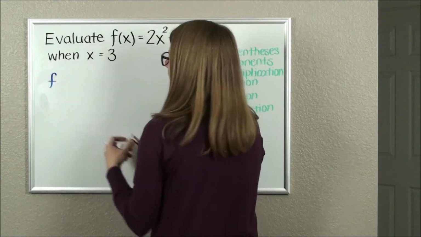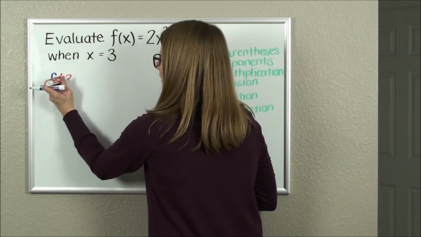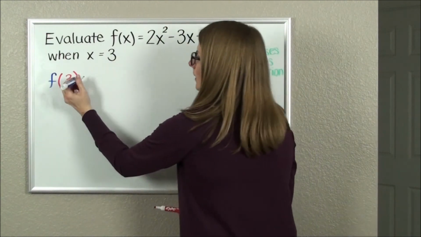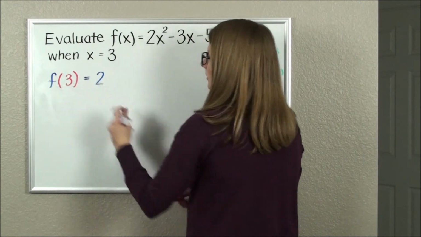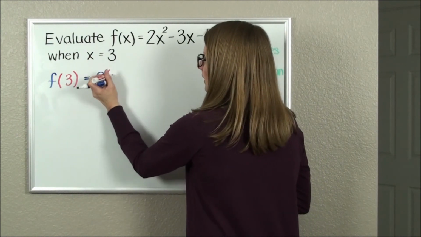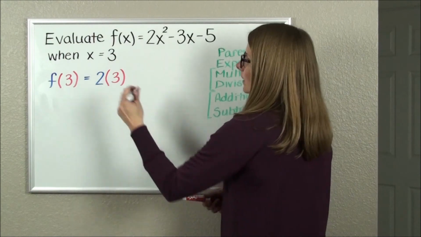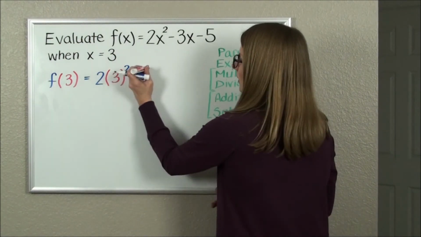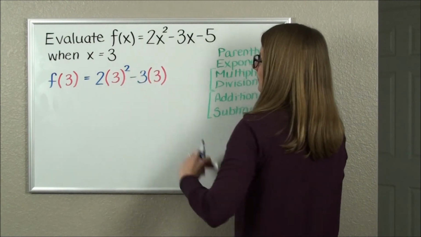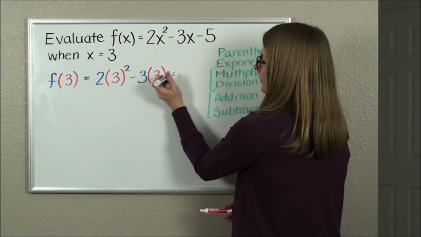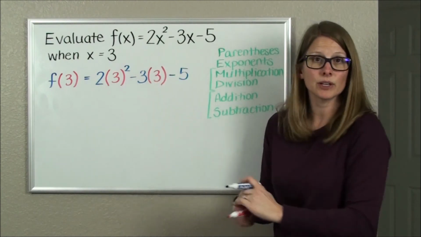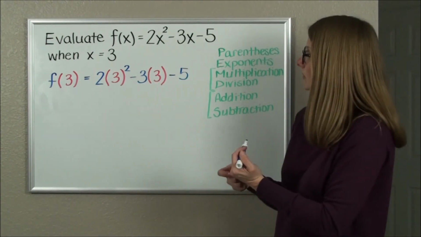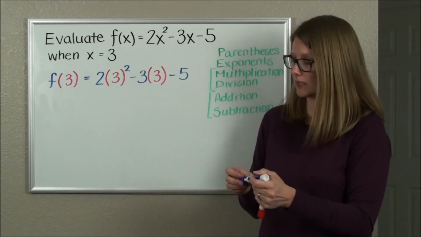So f of 3 equals 2 times 3 squared minus 3 times 3 minus 5. So again, it matches the original function, but where there were x's before, I now have these 3's in parentheses.